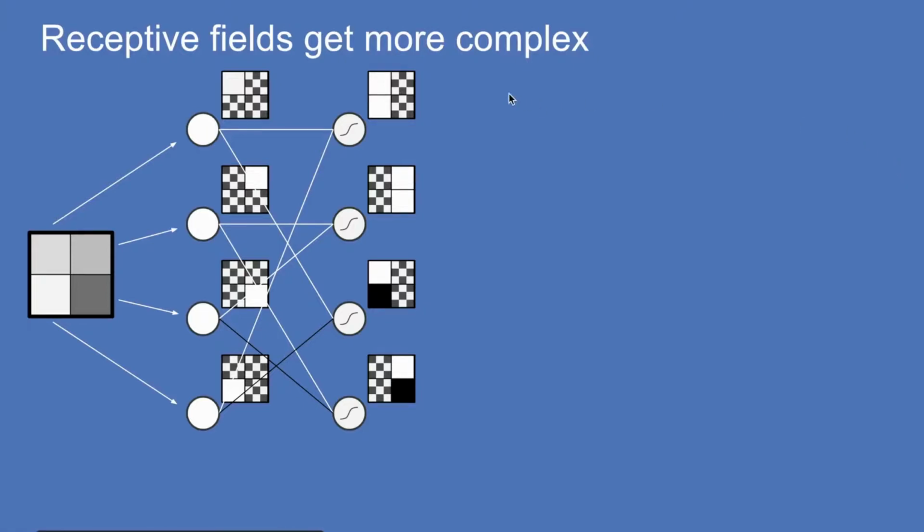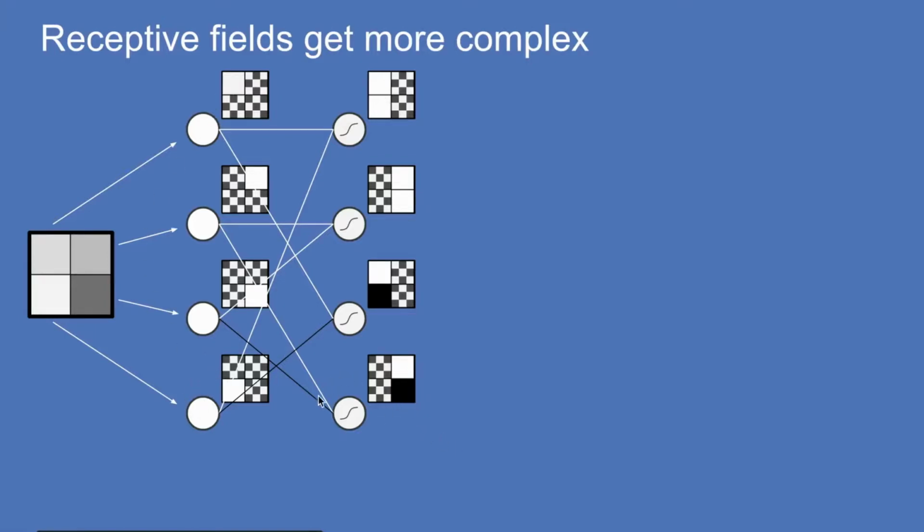So for instance, this neuron here is attached to this input pixel, which is upper left, and this input pixel, which is lower left, and both of those weights are positive. So it combines the two of those, and that's its receptive field, the receptive field of this one plus the receptive field of this one.